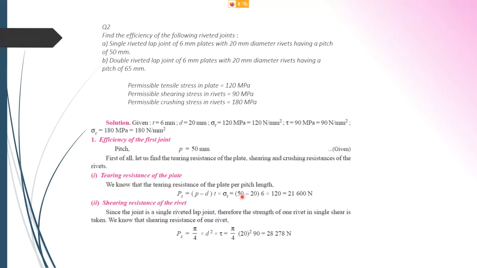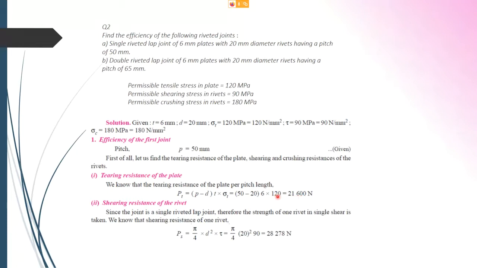Since you are using millimeter here, where the pitch, the diameter of the rivet, and the thickness of the plate are all in millimeter, it is advisable that your 120 also uses millimeter square. So you get a strength, or force, of 21,600 Newton.